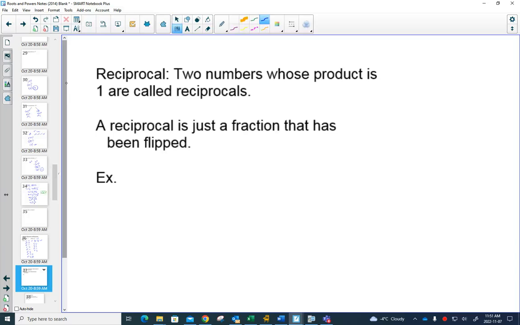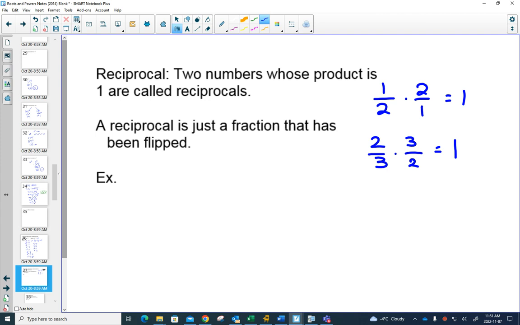So, for example, what would you have to multiply 1/2 by in order to get 1? You'd have to multiply by 2/1. That would equal 1. What would you have to multiply 2/3 by to get 1? You'd have to multiply by 3/2.